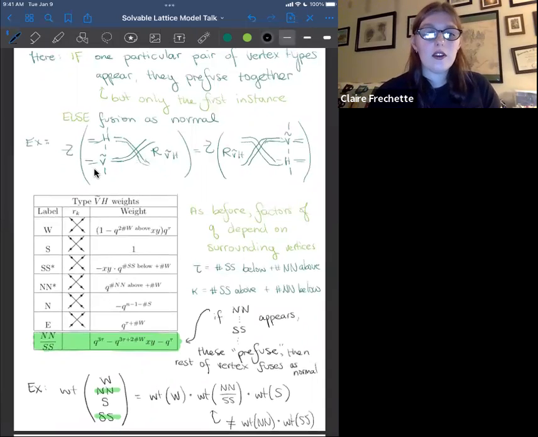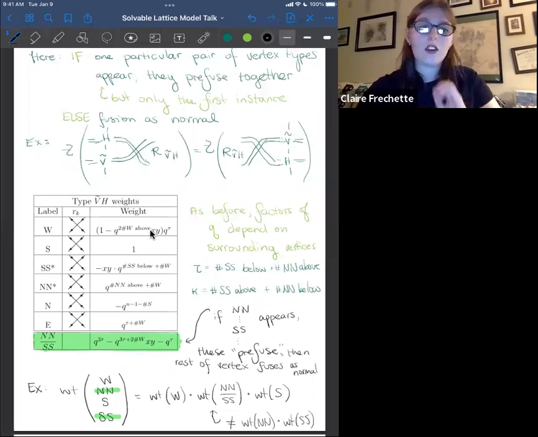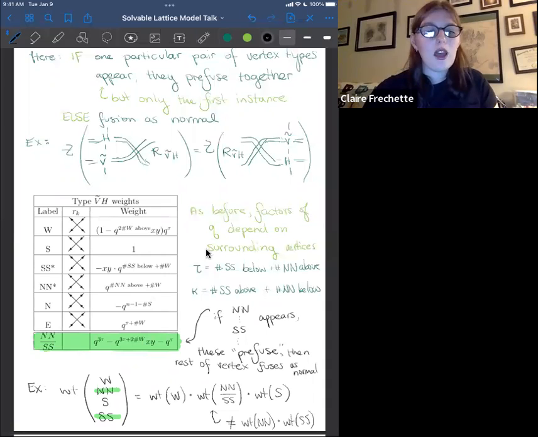So here, if I take the Yang-Baxter equation, that corresponds to switching a vertical strip row in my alternate model past a horizontal strip row in my original model, the R vertex that I come up with, most of my pieces are a power of q times something in x and y, and then I see a term like the ones that showed up in my Cauchy identity showing up on one of my vertices. And these factors tau and kappa depend, again, on counting vertex types that show up below or after.